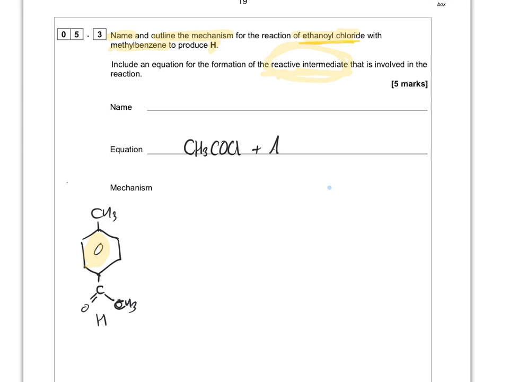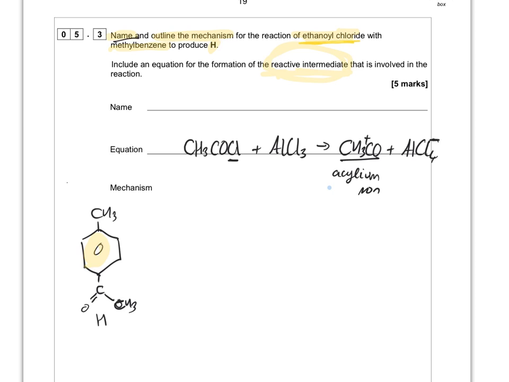Remember that reacts with the halogen carrier AlCl3, which removes the halogen from it. The reactive intermediate, remember, is your acylium ion, and aluminium chloride AlCl3 becomes AlCl4. Don't forget its negative charge. So the reactive intermediate is your acylium ion.